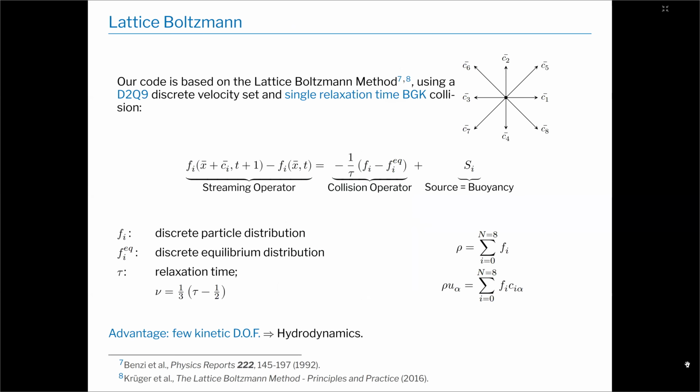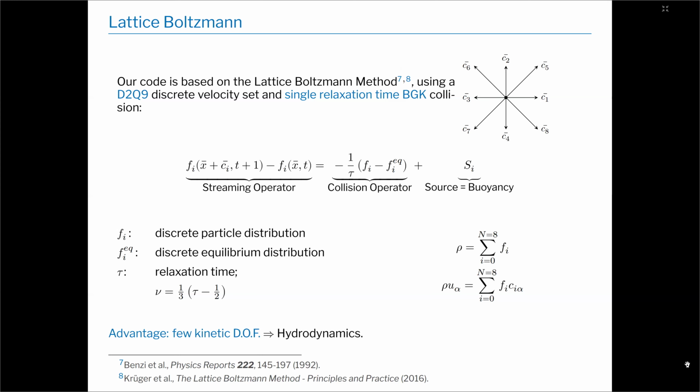Of course, we chose to use the lattice-Boltzmann method and I will go fast here because I think everyone knows about this, where we evolve the discrete particle distribution, and we have a collision operator that relaxes it to an equilibrium in a characteristic time tau. And then with a source term, we can model the buoyancy force.